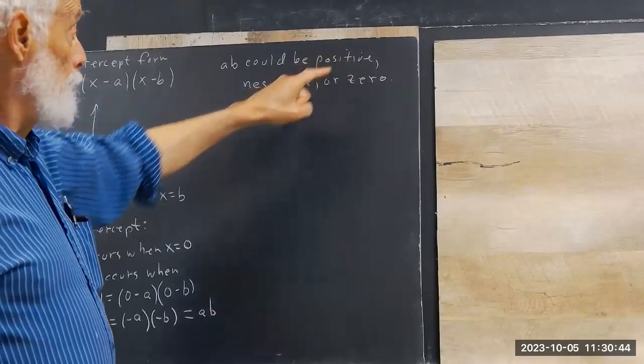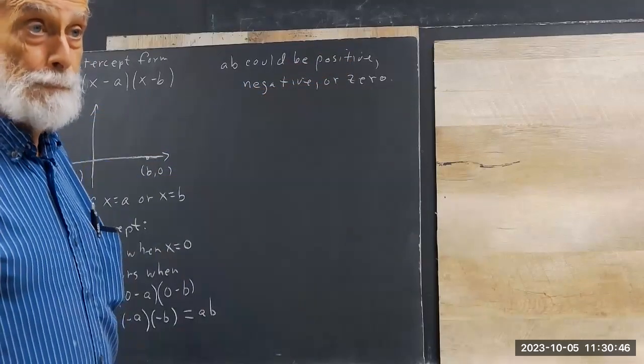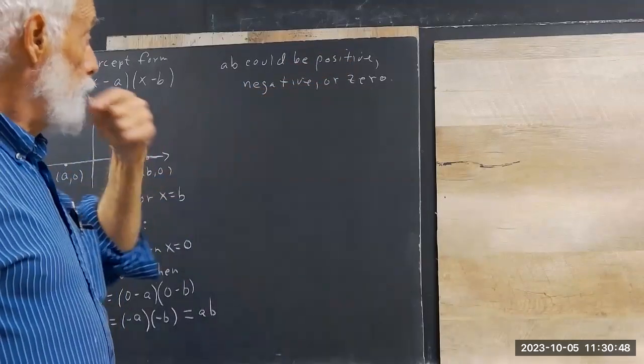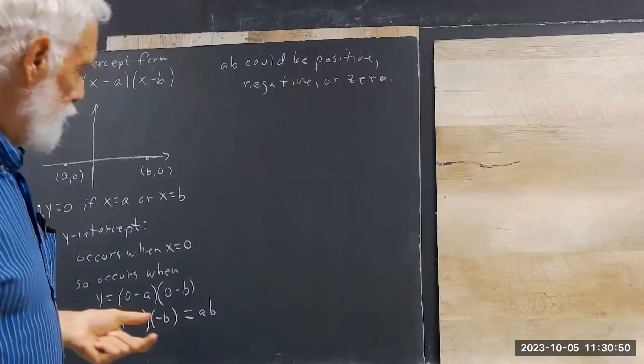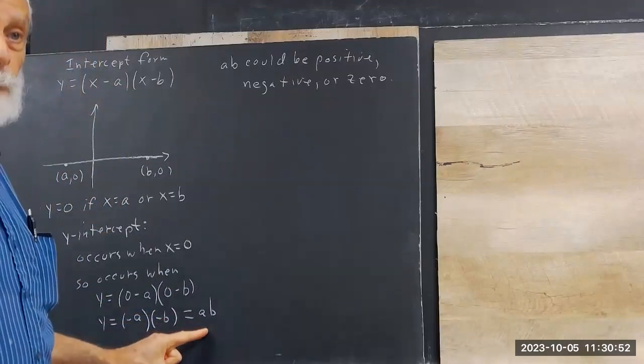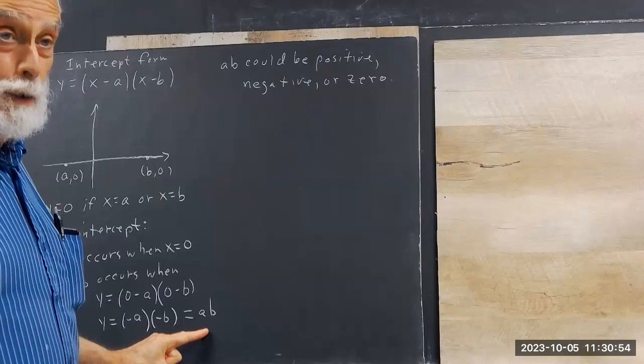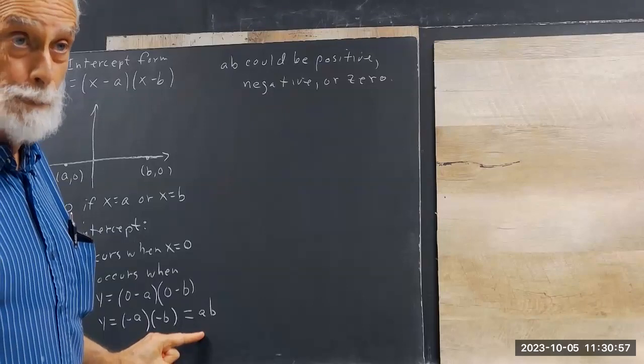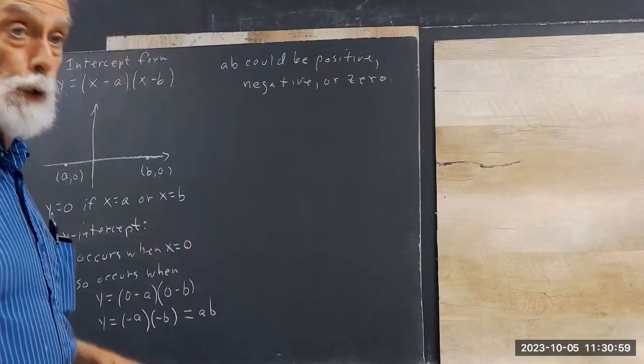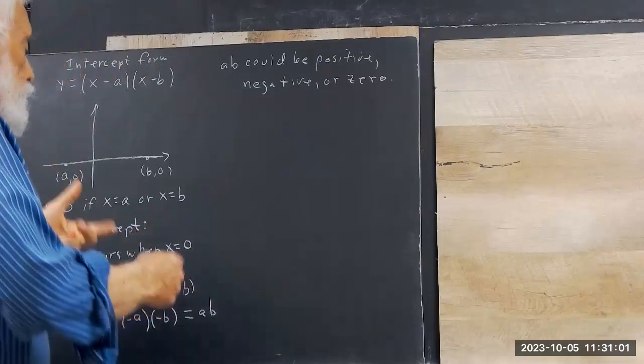It's a real number, it's either positive, negative, or 0. So we asked, could AB be negative? Everybody thought that AB would be positive, and it looks like it ought to be because there's no negative sign there, but A and B are both numbers.